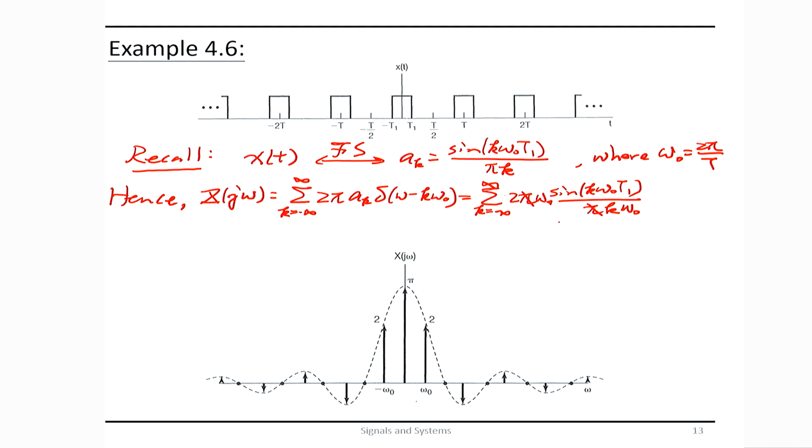So if you do that, then this thing here can be viewed as the sampling of the sinc function at omega equal to k omega naught.